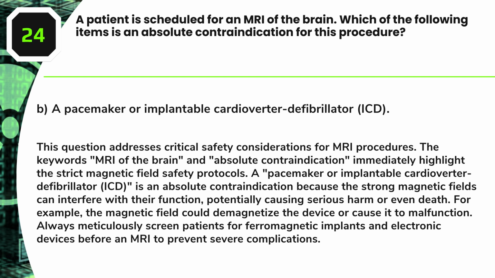A pacemaker or implantable cardioverter defibrillator, ICD, is an absolute contraindication because the strong magnetic fields can interfere with their function, potentially causing serious harm or even death. For example, the magnetic field could demagnetize the device or cause it to malfunction. Always meticulously screen patients for ferromagnetic implants and electronic devices before an MRI to prevent severe complications.